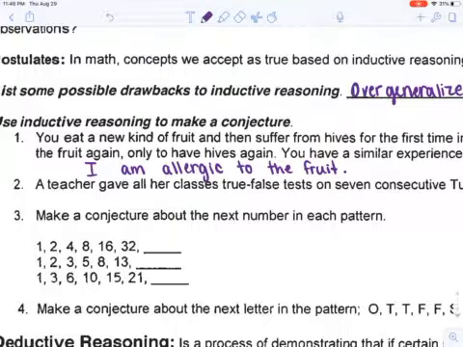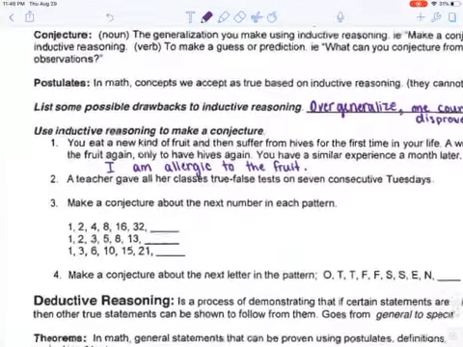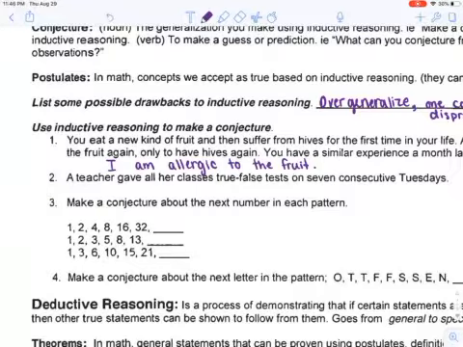Alright, a teacher gave all our classes true-false tests on the 7 consecutive Tuesdays. You can infer that there is a true-false test every Tuesday.